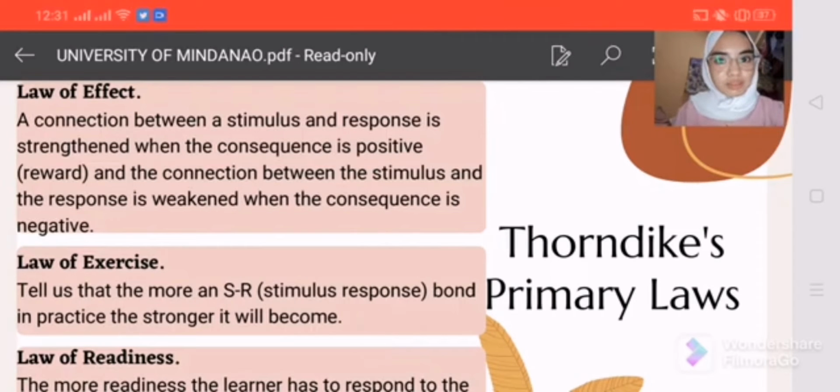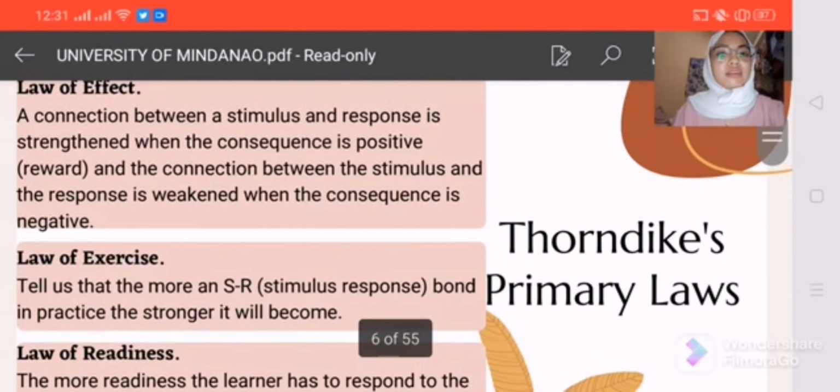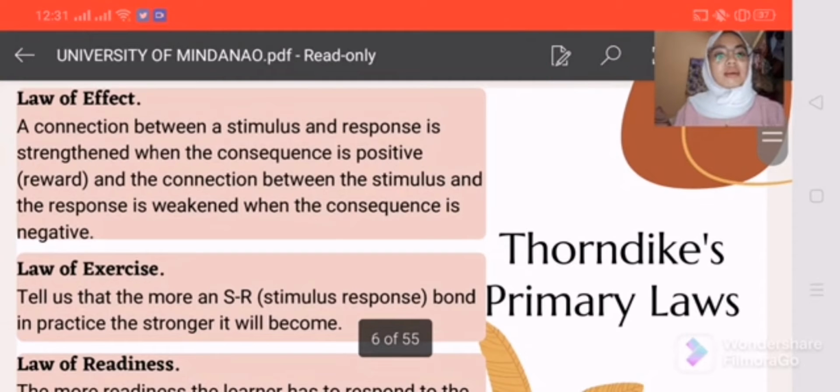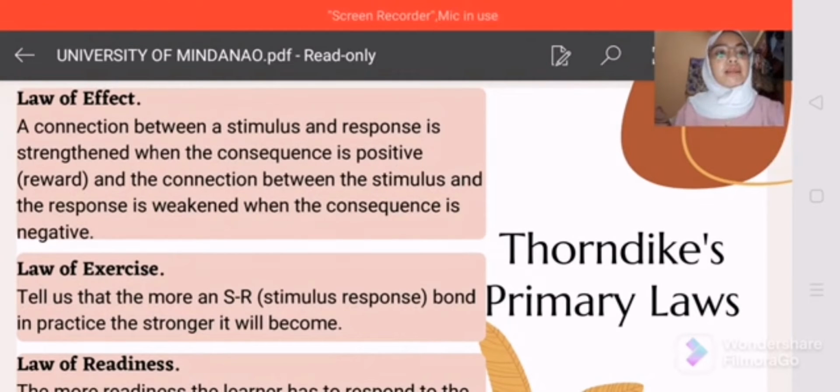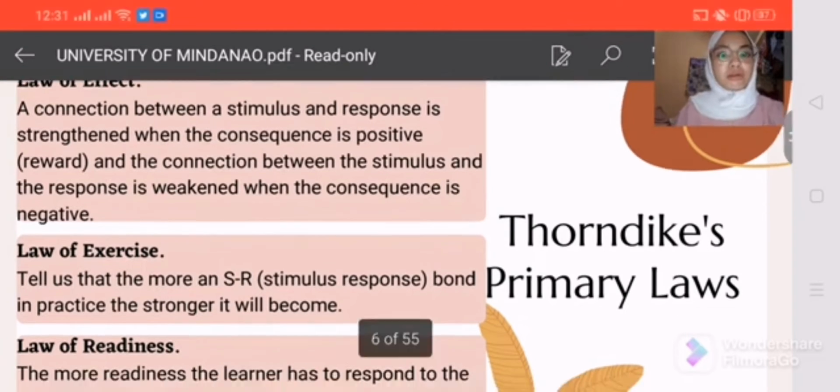So what will be the effect of your actions? Ano yung magiging epekto nito sa bata if, for example, nakagawa siya ng mabuti, like naka-perfect sa exam? Of course, you have to recognize that the student got perfect in the exam para naman ganahan siyang pumasok.